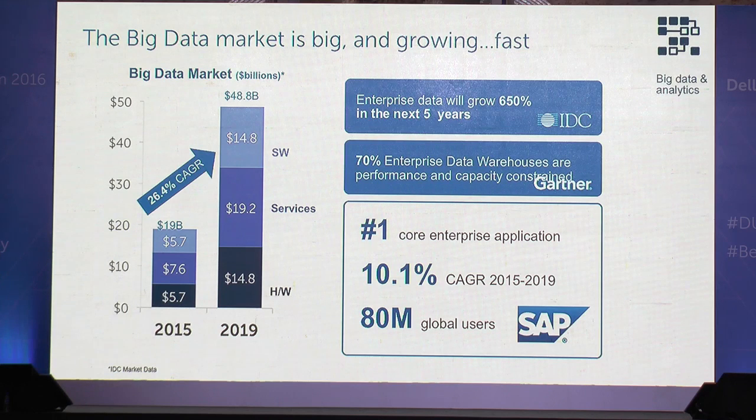When we talk about big data analytics, we'll specifically look at two areas. We'll look at Cloudera Hadoop, and we'll look at SAP in the coming slides. But once again, a huge market, lots of our customers looking at what they could do with their data to make them more competitive in the market.